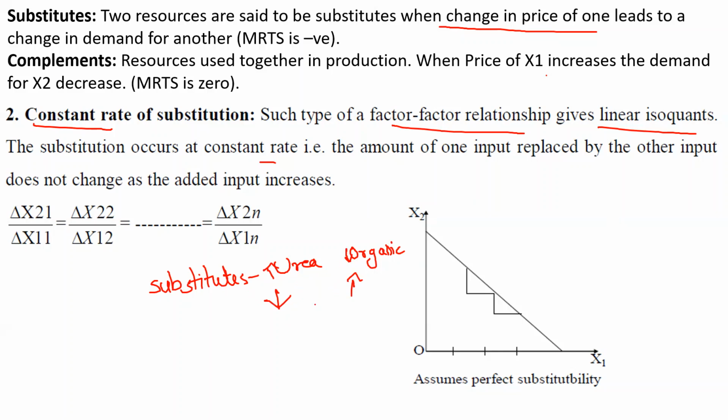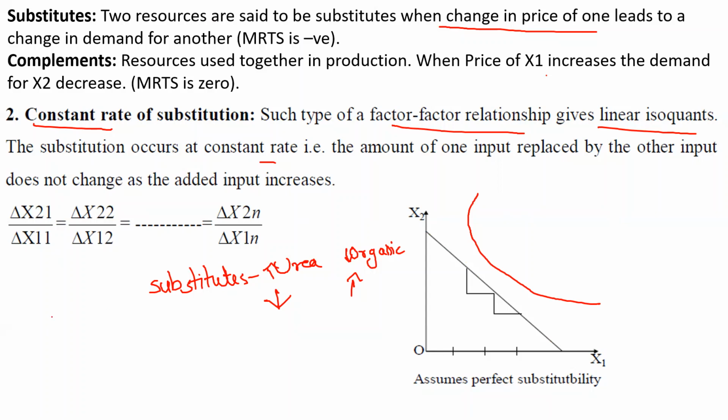But when the case of perfect substitutes, the isoquant line is straight line declining from left to right. And when there is substitute, they are not perfect substitute, but there can be some level of substitution. Then the isoquant curve will be convex to the origin. Now we are speaking about the constant rate of substitution.